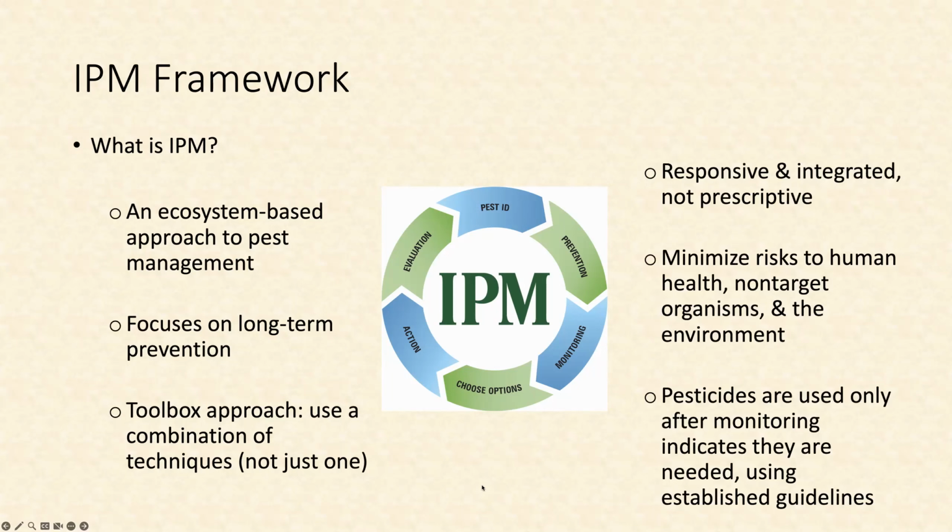It's really not prescriptive. So it's responsive to what you see in front of you, to what works and doesn't work at your specific site. So it's context specific. The goal really is to minimize risks to human health, non-target organisms, and the environment. And pesticides are only used after monitoring indicates that they're necessary, and of course, always following established guidelines and rules.